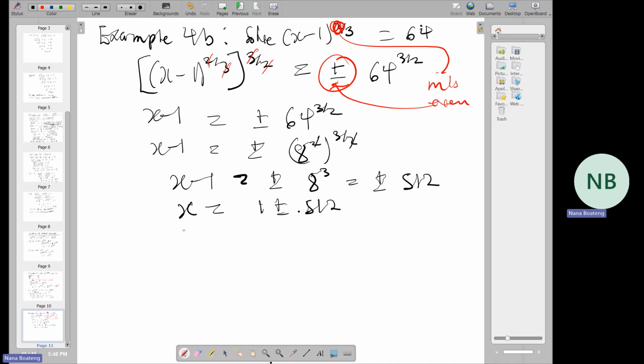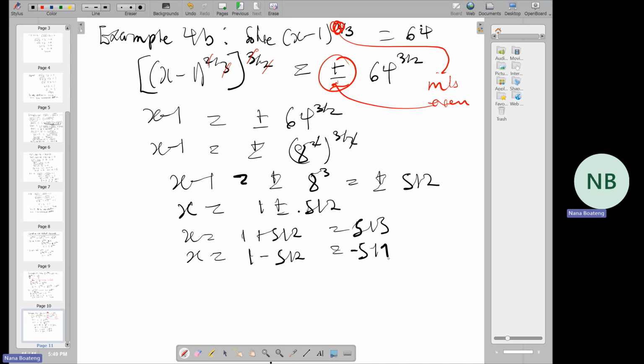So that means x is equal to 1 plus 512, which gives us 513, and x is equal to 1 minus 512, which gives us negative 511. All right, so we can test whether each of these solutions are correct or not.